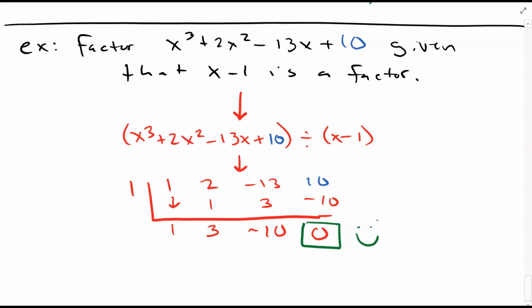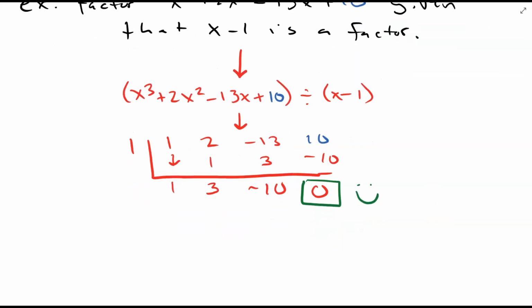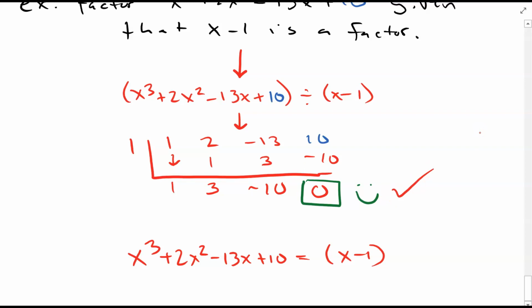In fact, I knew that was going to happen because already from the given part in my question, I knew that that polynomial is going to be x minus 1 times something else, right? I was told in the problem that this was a factor. I confirmed it by doing the division and getting a 0 remainder.